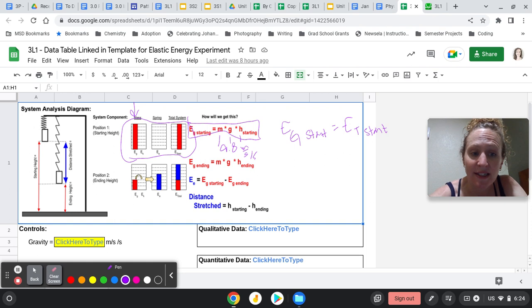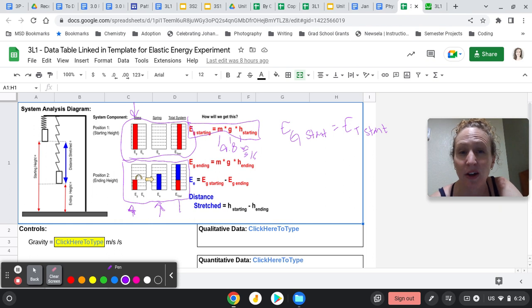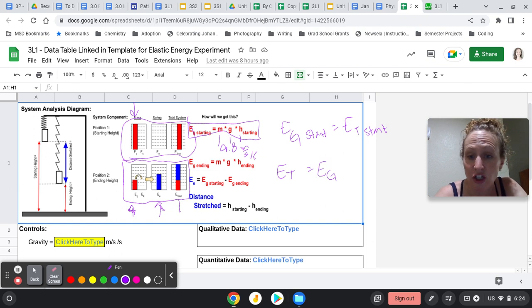At the end down here, we see that the total energy is not just gravitational energy anymore. The total energy is actually the gravitational energy that is still there, as well as the elastic energy that is now stored in our stretched spring. So here we have total energy equal to the gravitational energy at the end, as well as the elastic energy.